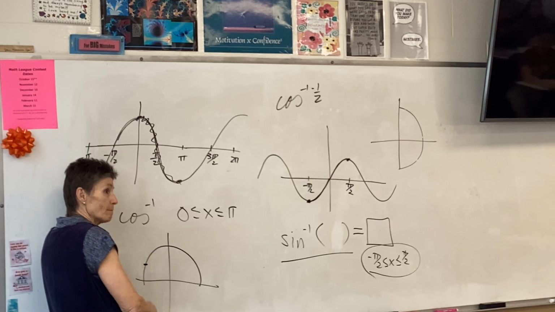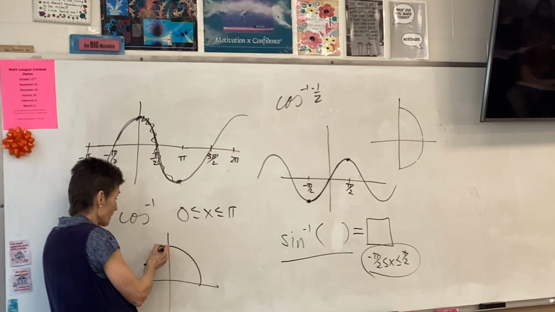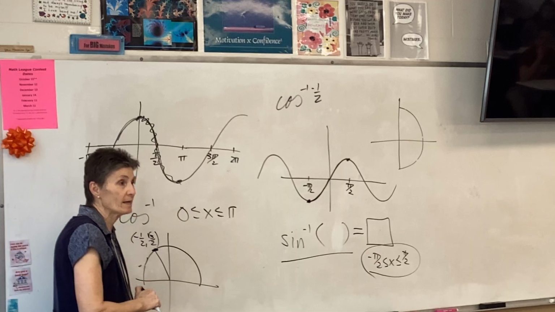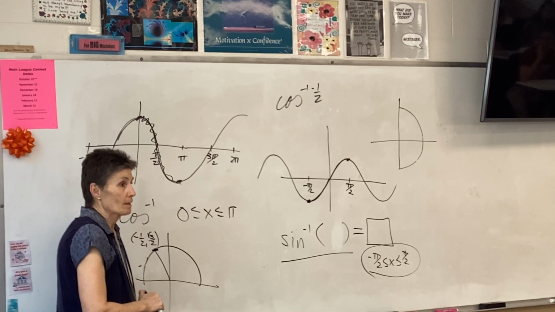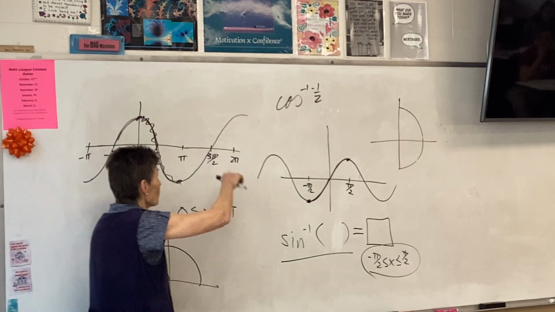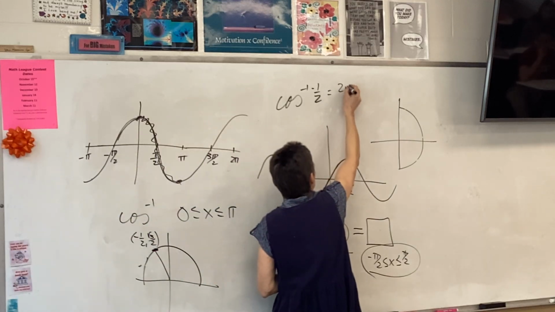Like right here? Actually, more like right there. What angle has a -1/2, √3/2? What angle is that? 2 pi over 3. So the answer to this question is 2 pi over 3.